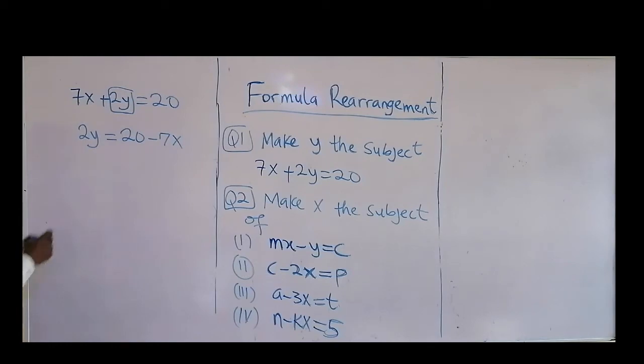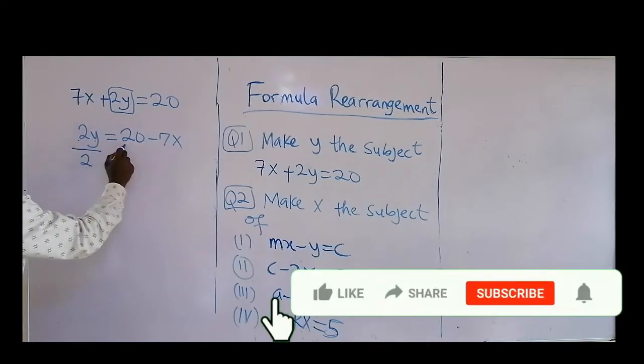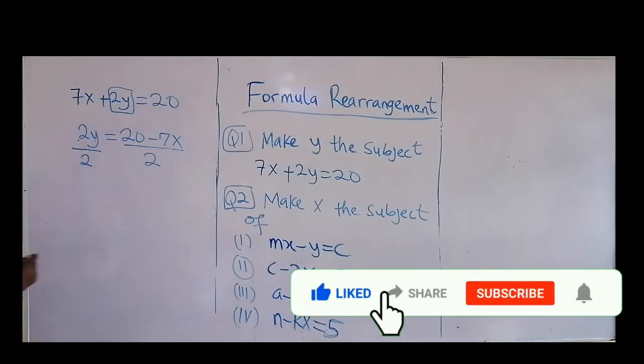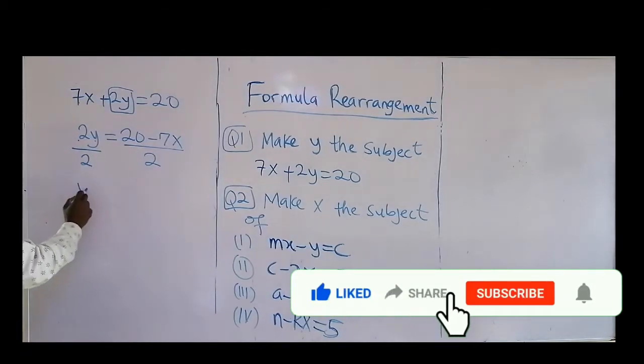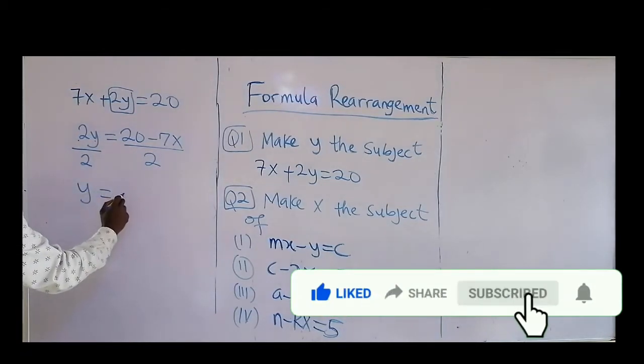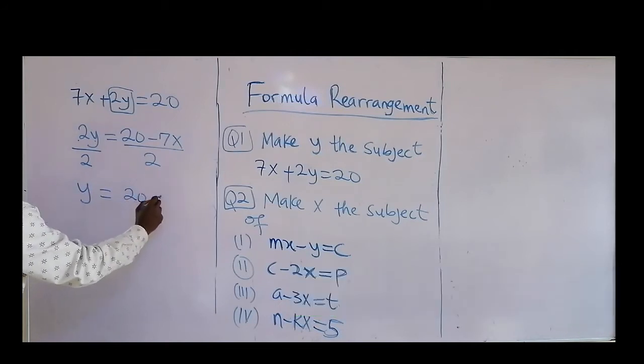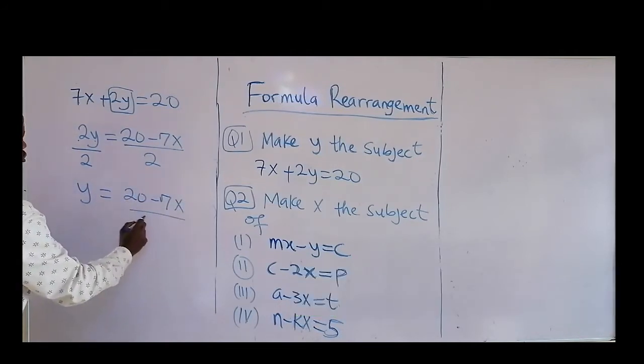Then this one has a coefficient, which is 2, so divide both sides of the equation by 2. So we now have y equal to 20 minus 7x over 2.